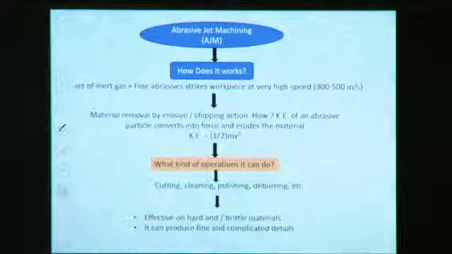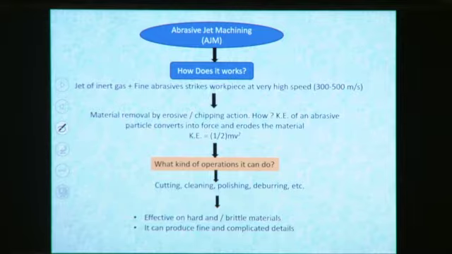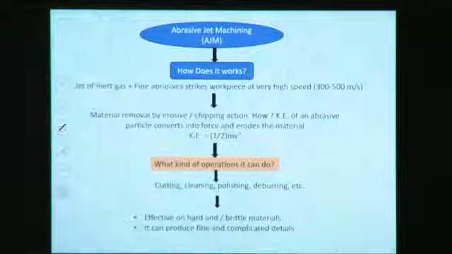When these abrasive particles impact the workpiece surface, they erode it, and because of this chipping operation, material is removed in the form of small chips. This kinetic energy can be calculated as half m v square, where m is the mass of an individual abrasive particle and v is the velocity of an individual abrasive particle. So this is the kinetic energy of one abrasive particle.